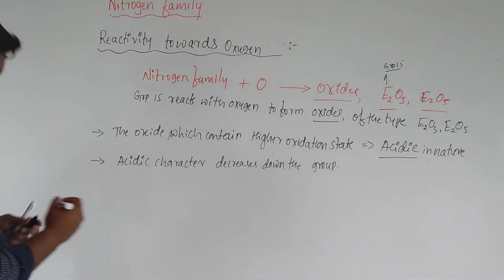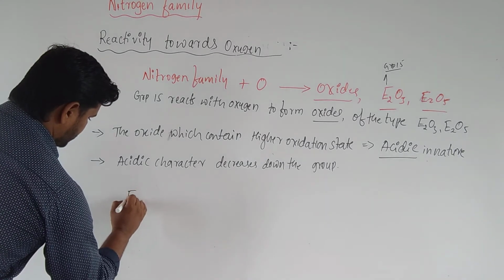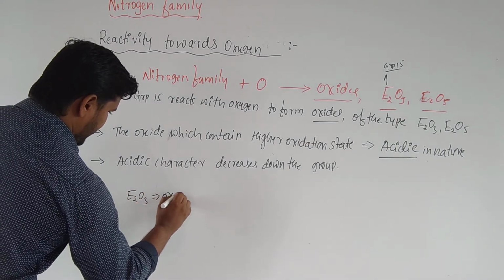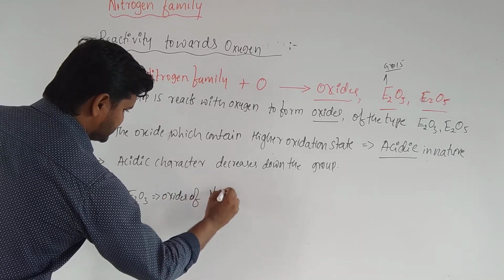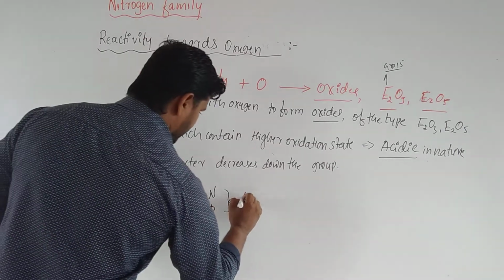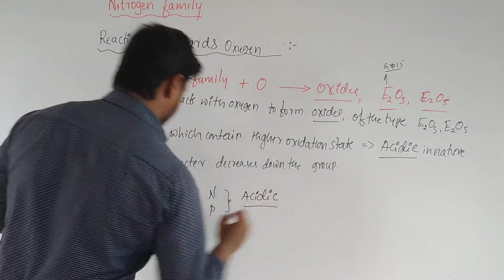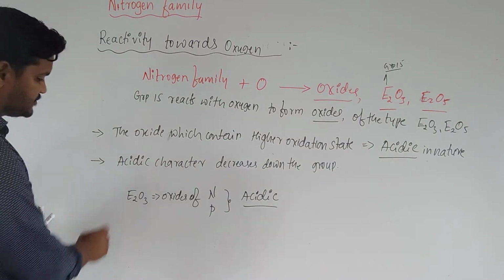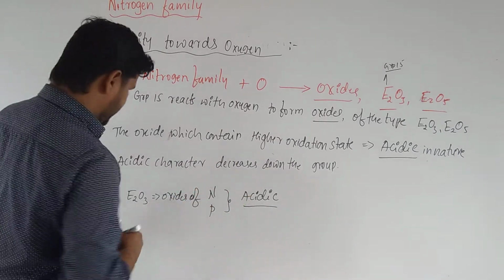And next one, students. The E2O3 oxides of nitrogen and phosphorus are acidic in nature.